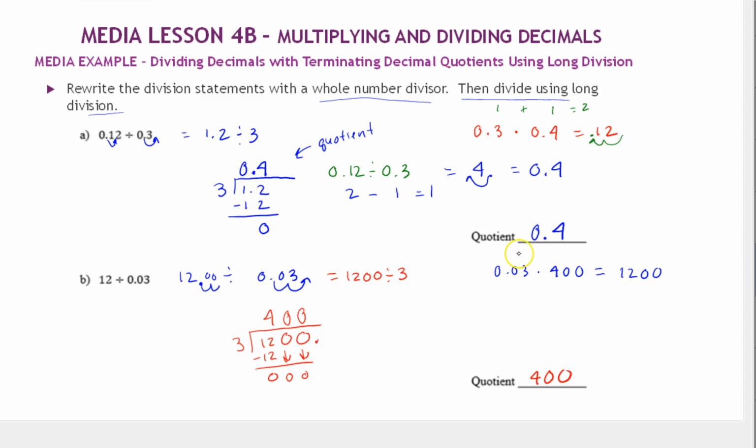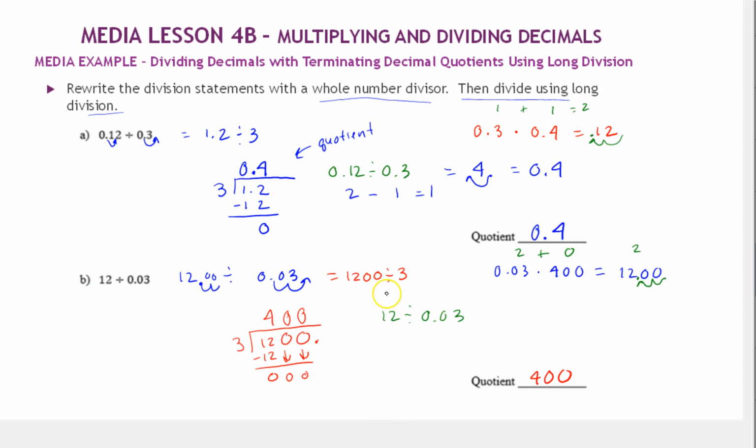And here we had 2 numbers after the decimal place, and here we had 0. So we'd move this a total of 2 decimal places to the left. 1, 2. Okay. Now reversing this process, we could say, well, I have 12 divided by 0.03.